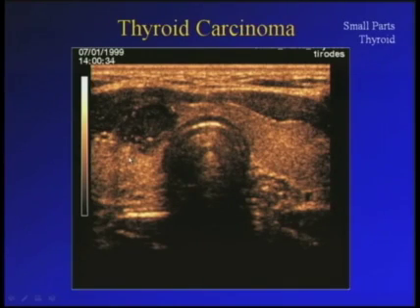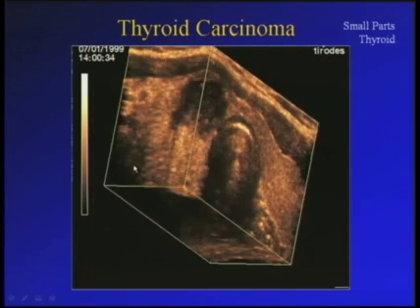Conventional ultrasound of thyroid carcinoma, here these hypoechogenic with hyperechogenic areas in the junction of the isthmus with the right lobe, and here a volumetric reconstruction where we can observe the longitudinal and the transversal plane.